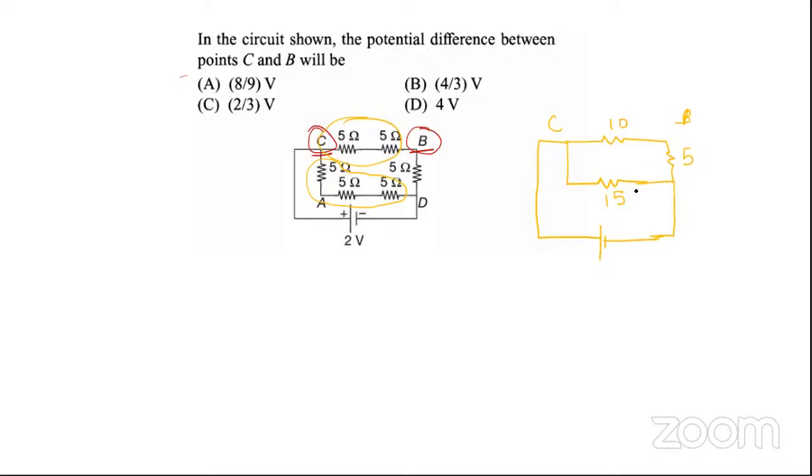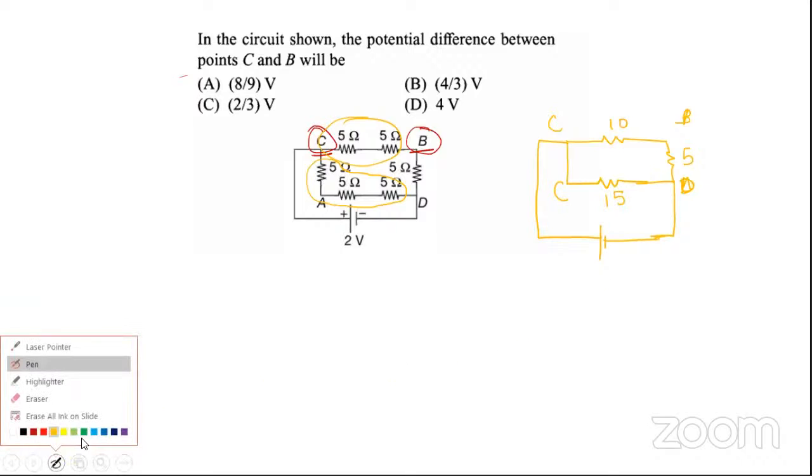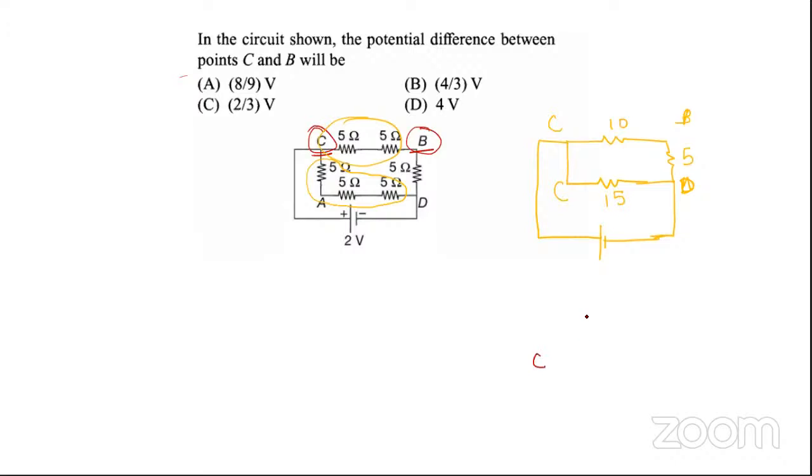Alright, now this point is also C, and suppose we name this point as D. So we can make a simpler circuit that is having C, B, and D, and we have one resistance between C and B, that is 10, one resistance between B and D, that is 5, and one resistance between C and D, that is 15.